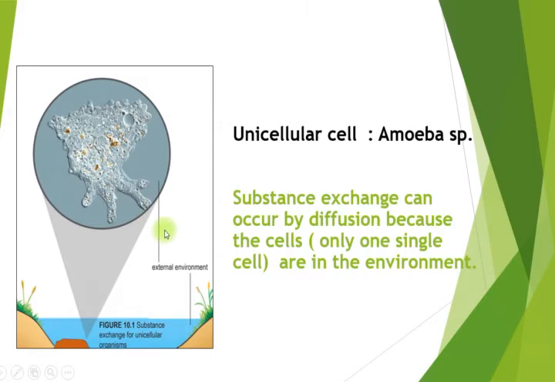It means that essential substances such as oxygen and nutrients can move by simple diffusion into the cell, because it consists of only one cell. That is for the unicellular organism. The unicellular organism doesn't need any transport system because all the essential substances and also the waste products can move by simple diffusion.